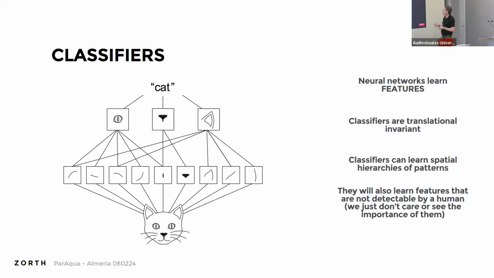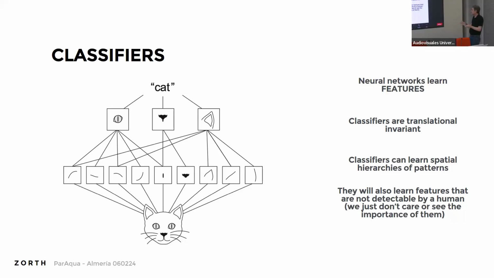Depending on how you train it, they can be invariant to rotation as well. But they will learn spatial hierarchies patterns, which is super important because if you feed it an abnormal with the mouth here and the nose in the middle of the face above the eyes, it will not recognize it as a cat. Trust me on that. So this is hierarchy.